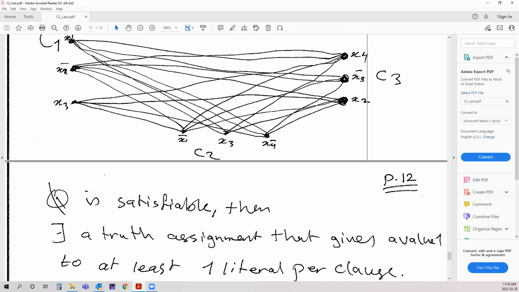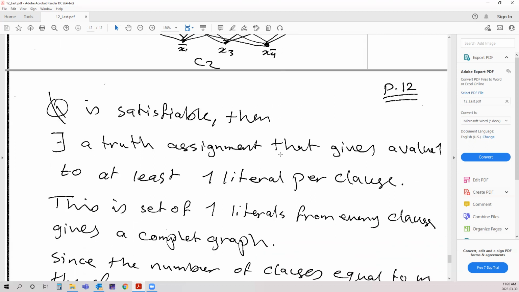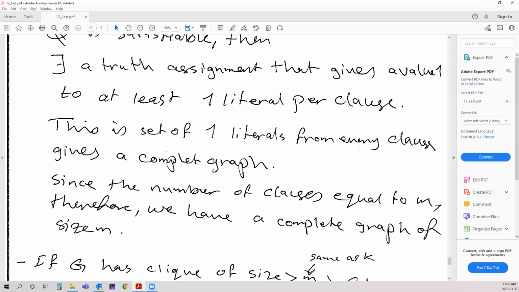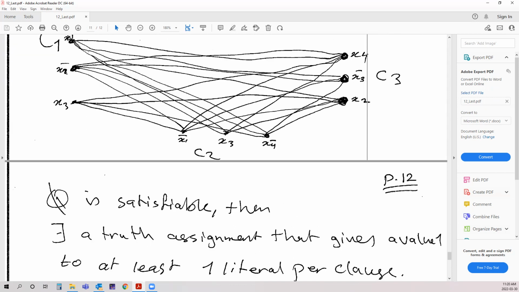So one literal from every clause gives a complete path. So x1 is connected to clause 2 and clause 3, x2 is connected to clause 1 and clause 2 and clause 3, x3 is connected to clause 2 and clause 3, and vice versa.